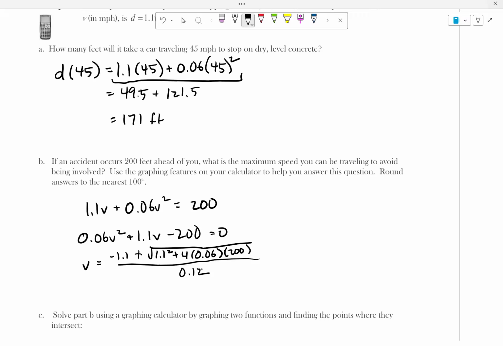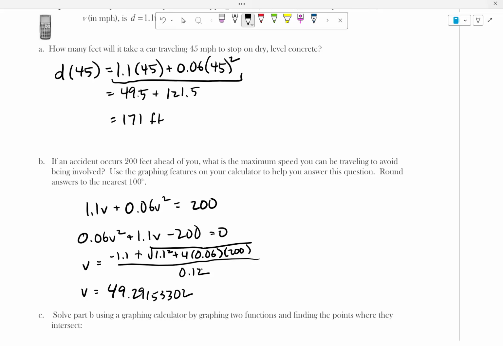You remember how to get that fraction in your calculator? Look for it. Did you get what I got? 49.29153302.